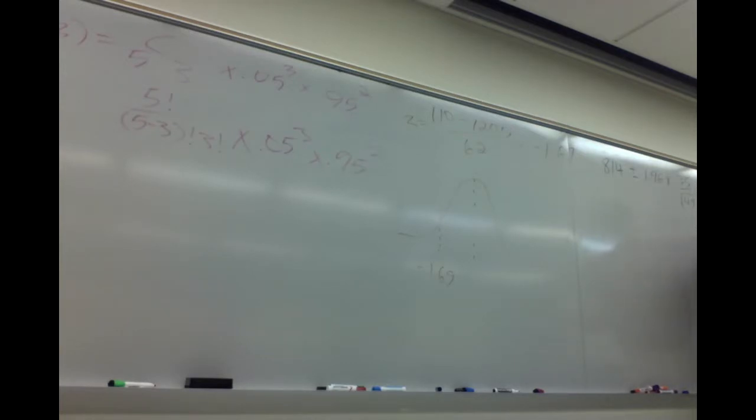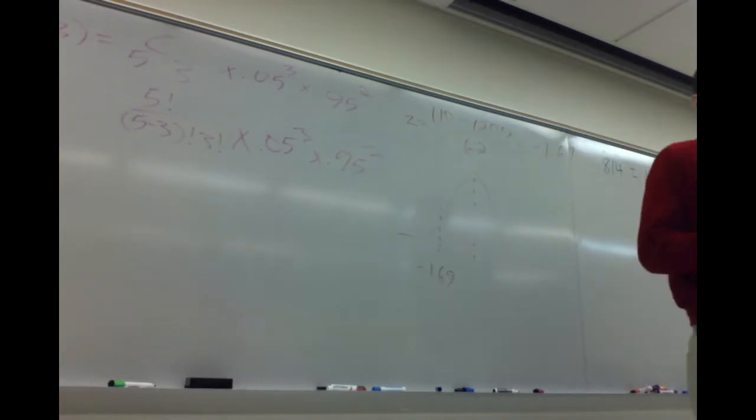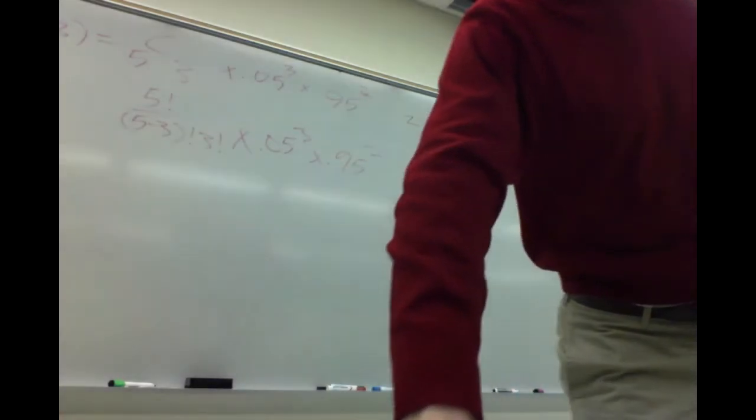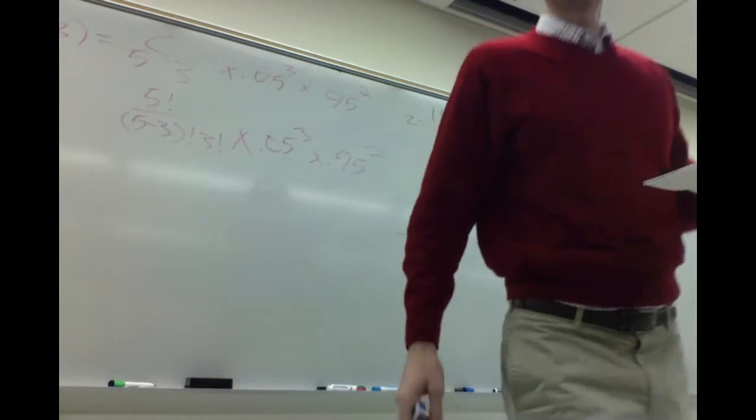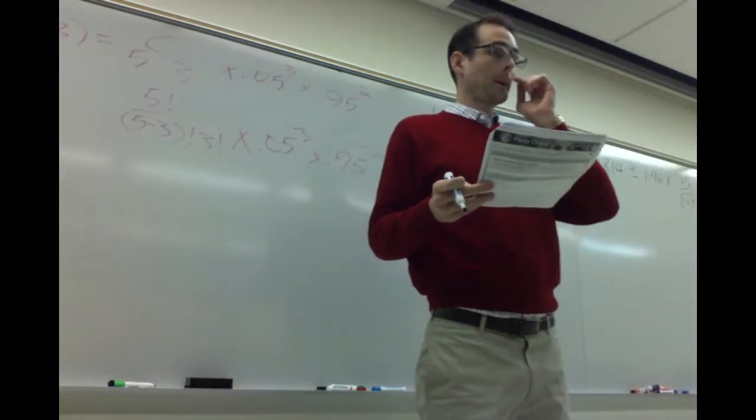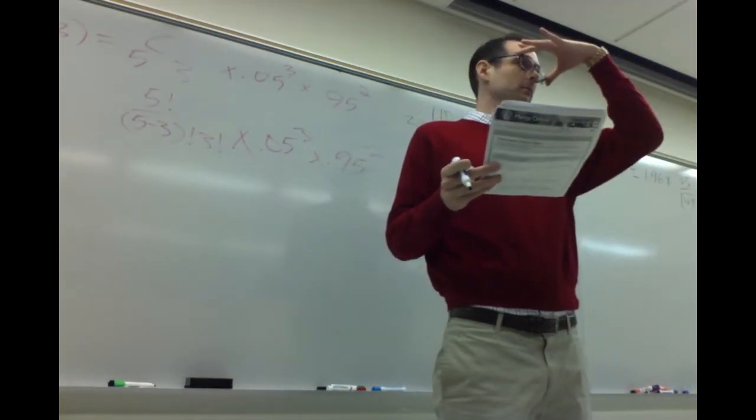So 1.98 times 1 is about 2. So 45.8 plus or minus about 2 is going to give us 43.59 on the lower end, 48.01 on the upper end. Make sense?